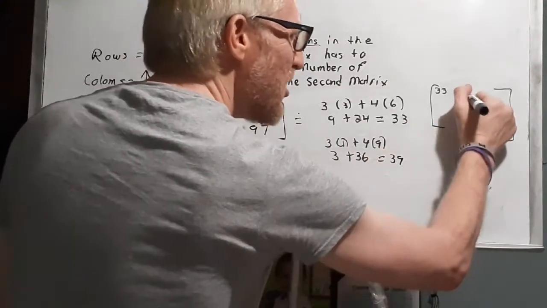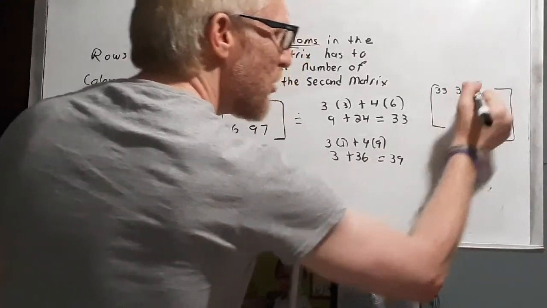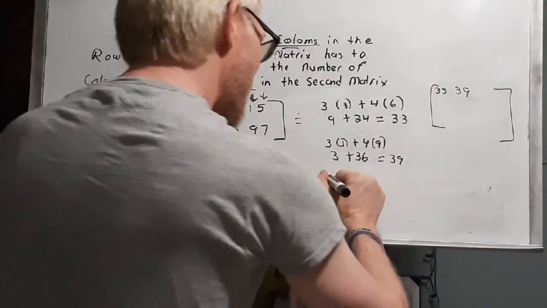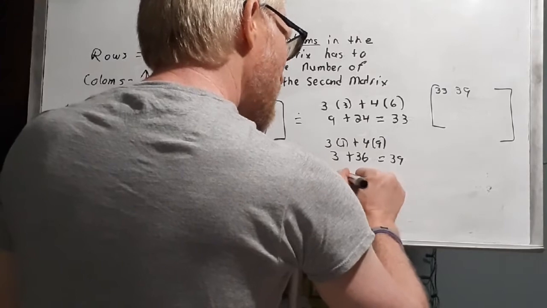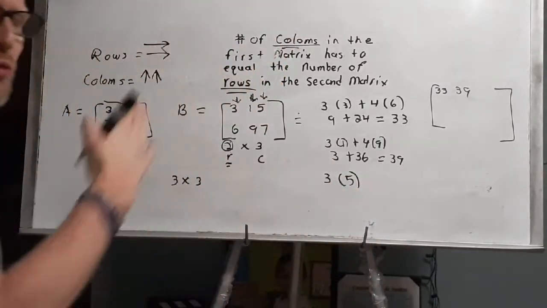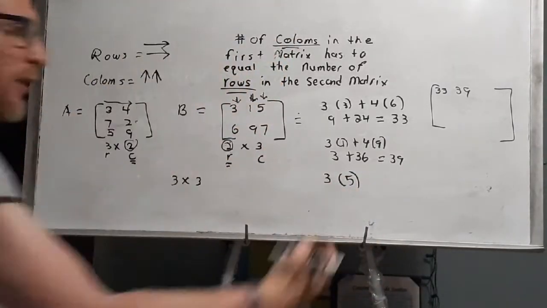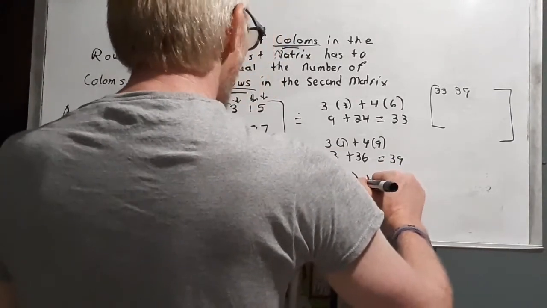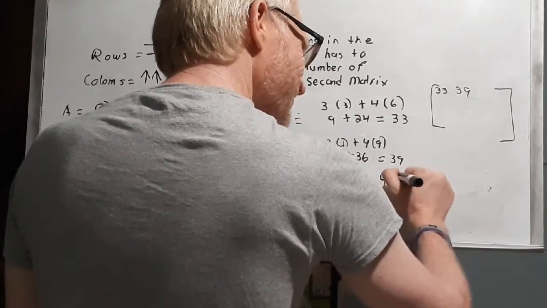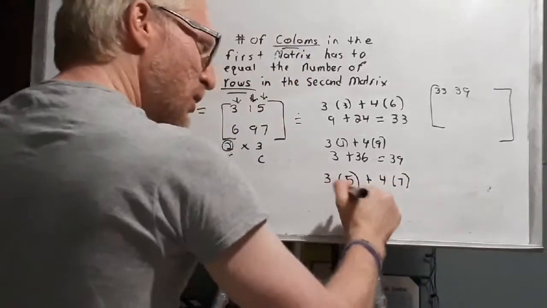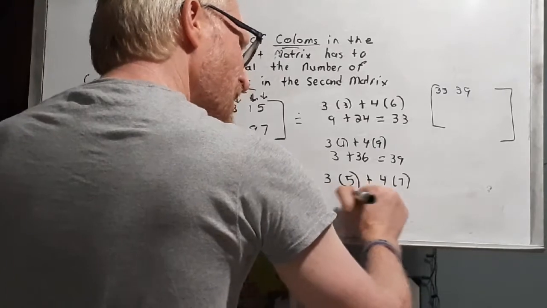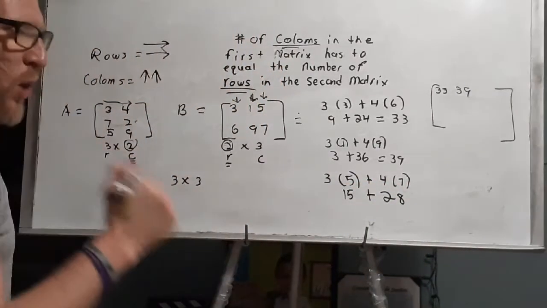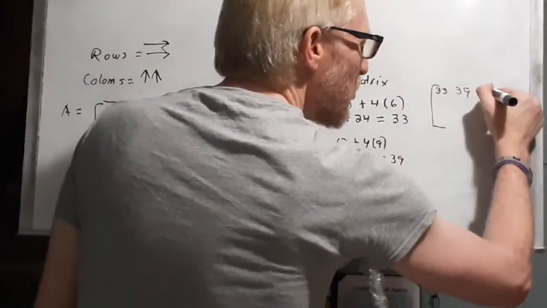So my second number in my other matrix is 39. Now you're going to multiply the first row by the last column. So we're going to say 3 times 5. Now notice the pattern is row times columns. 3 times 5 plus 4 times 7. So 3 times 5 is 15, 4 times 7 is 28, and 28 plus 15 is 43.